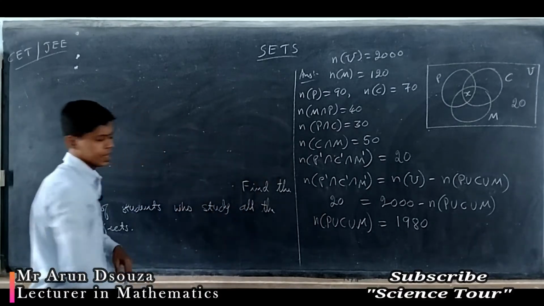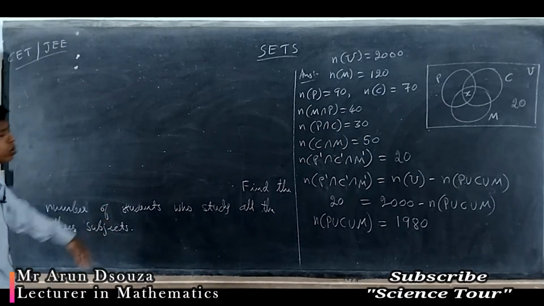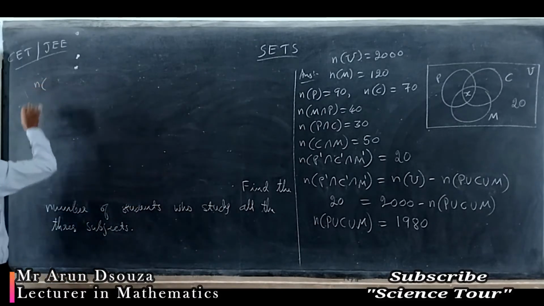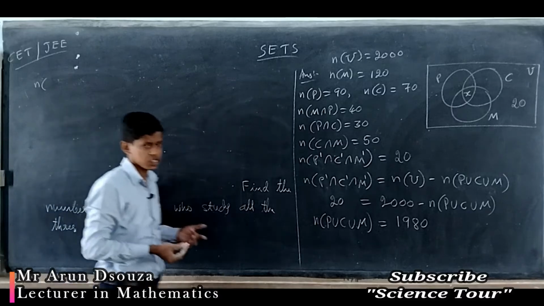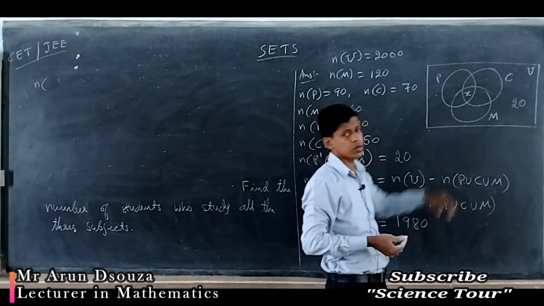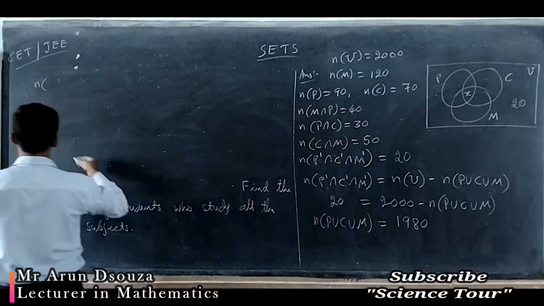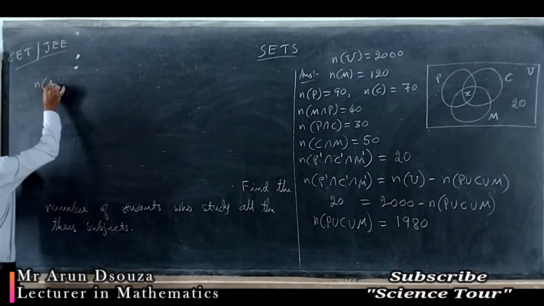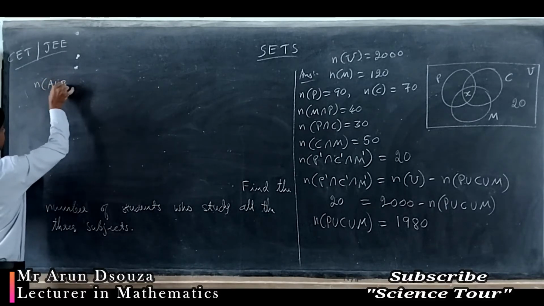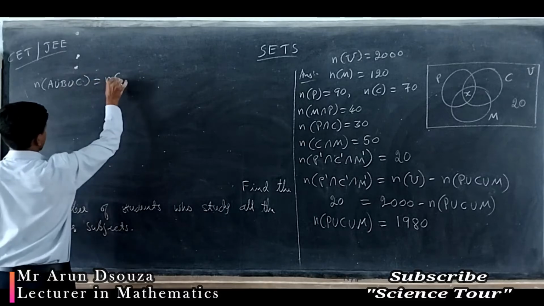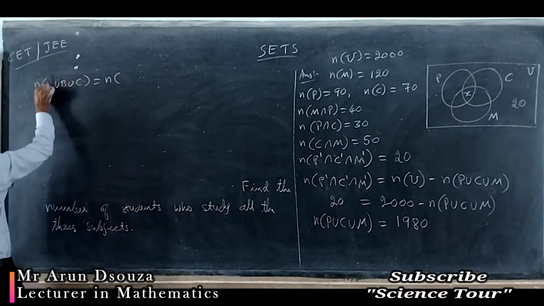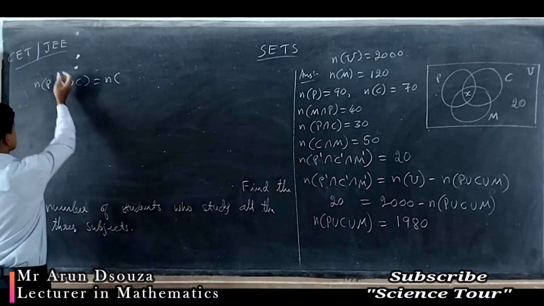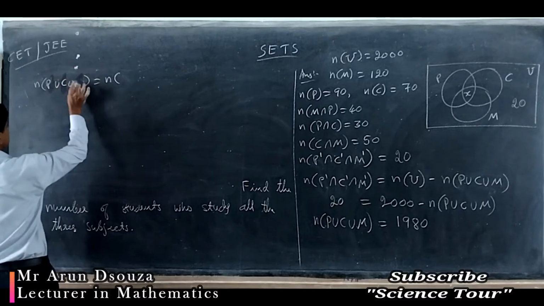Now what do we need to find? The number of students who study all the three. All the three is A intersection B intersection C, that is this region X we have to find. So n of A union B union C, what is the formula? We will use the same notation, physics, chemistry and maths.